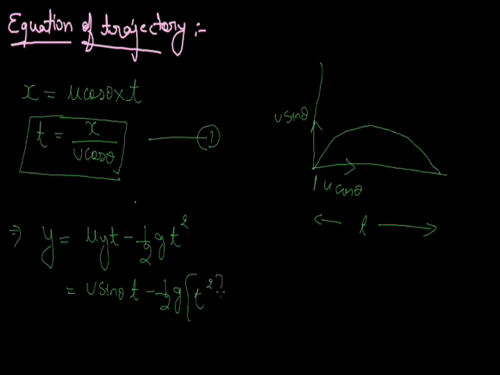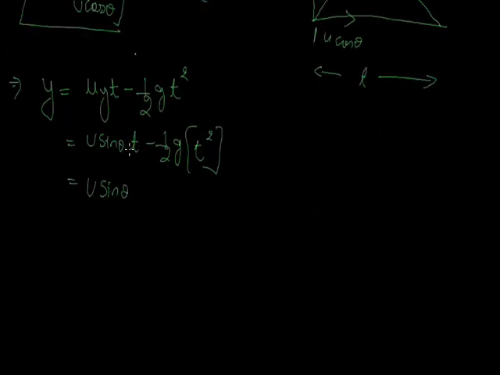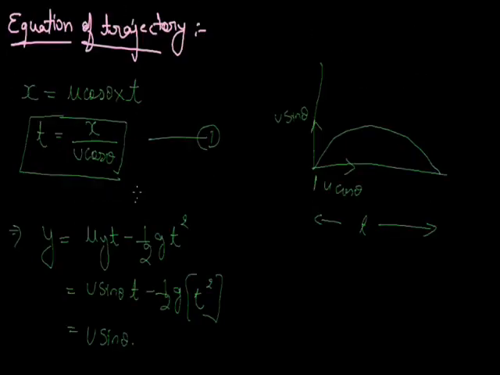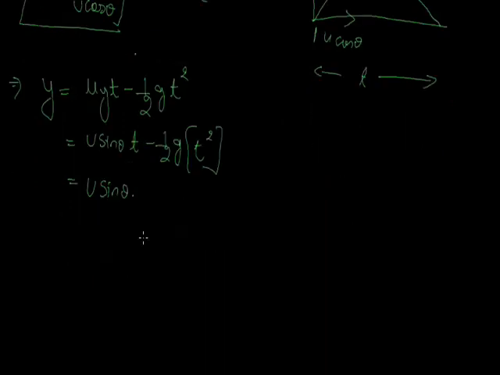Now put this value of t, x divided by u cos theta. That means u sin theta into x divided by u cos theta minus half g, x divided by u cos theta whole square.